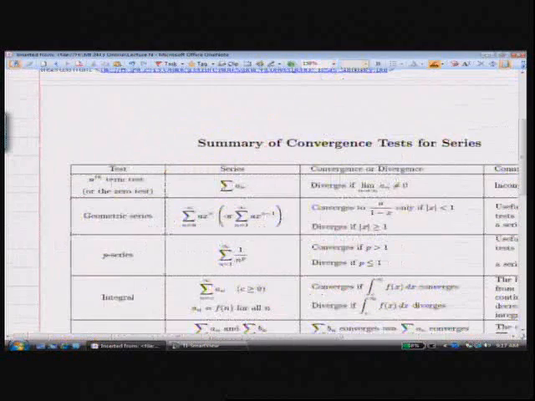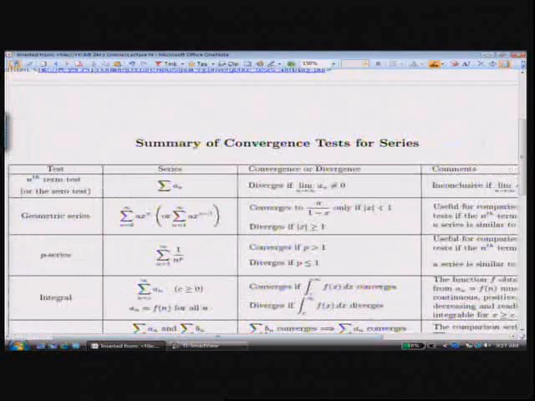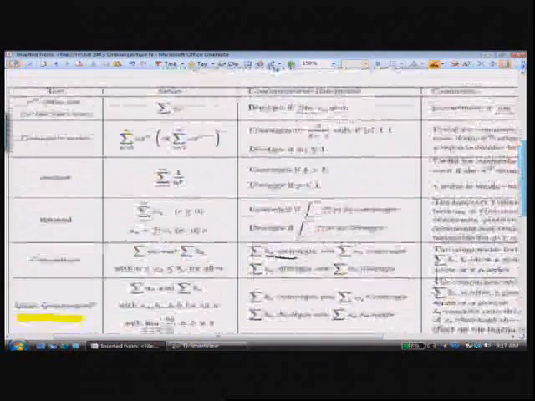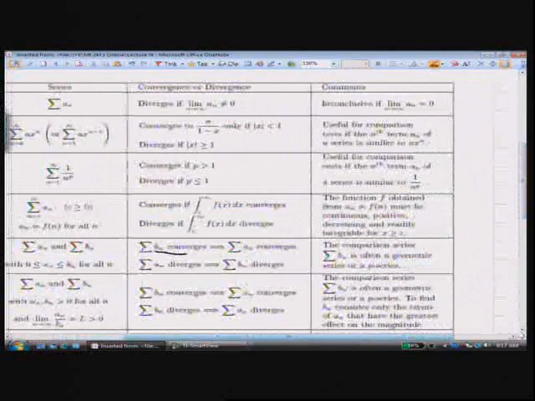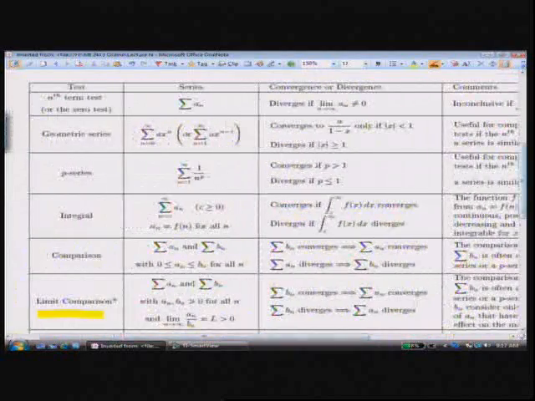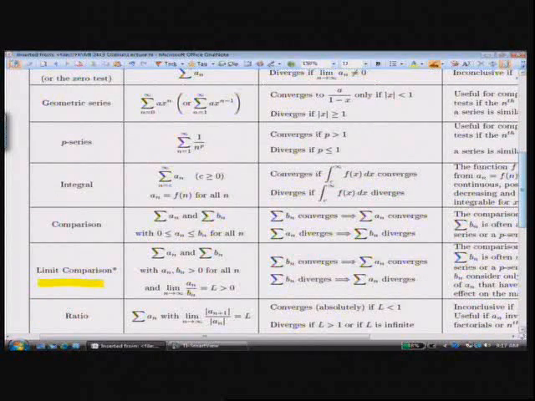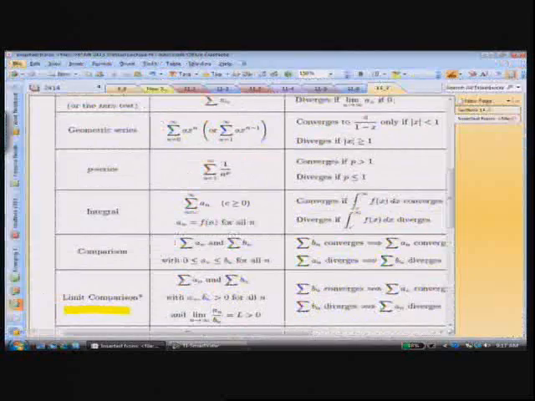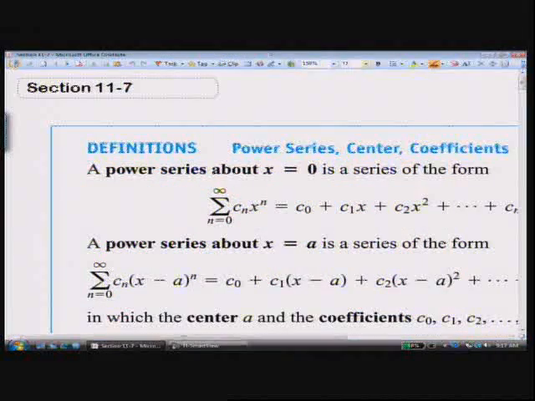It has the different tests and whether they give you convergence or divergence, and then some good comments on each one of them. So that's nice. It's a nice little sheet, and I will allow you to have this sheet on the final exam. Of course, if you're taking the online exam, I would expect that you'd have it in front of you as a tool.